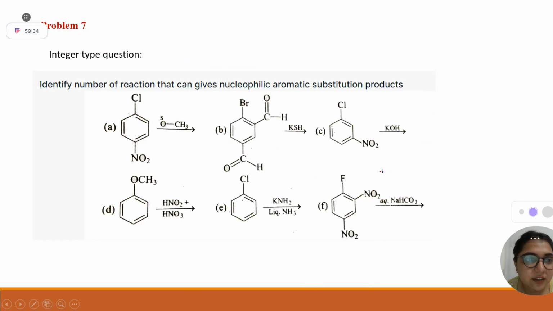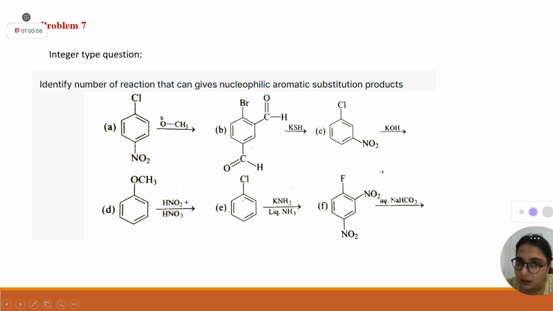Problem number 7, it is an integer type question. Identify the number of reactions that can give nucleophilic aromatic substitution product. Students, one thing I can recommend is that whatever questions I give you for solving, write in your notebook 1 to 10 and write whatever option you get the first time, and at last match how many questions you are doing correctly.